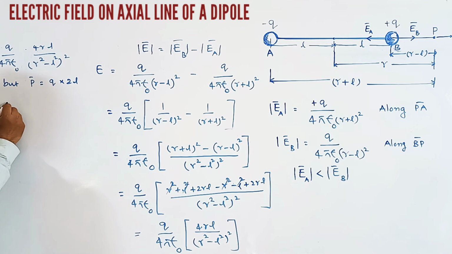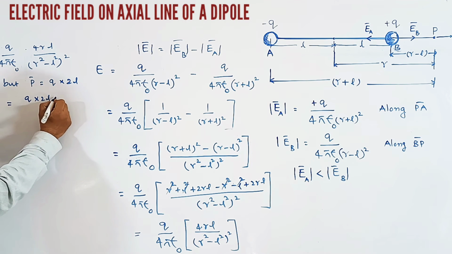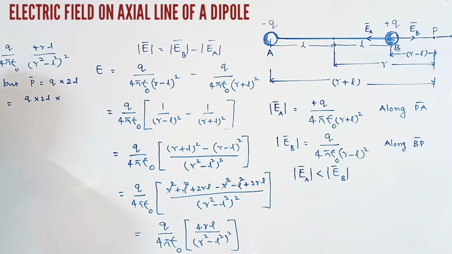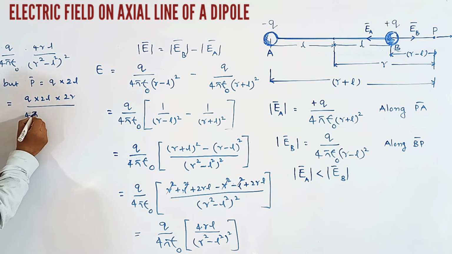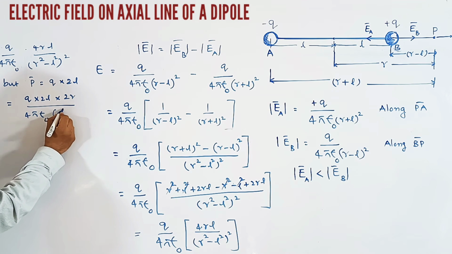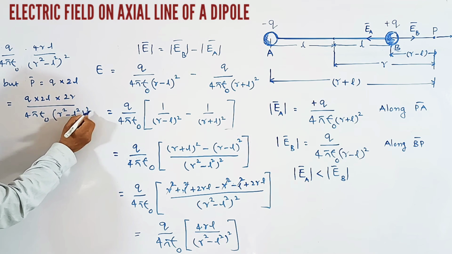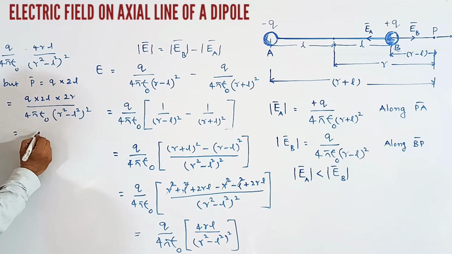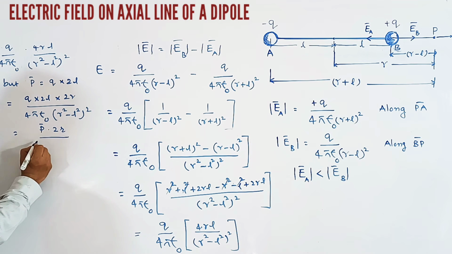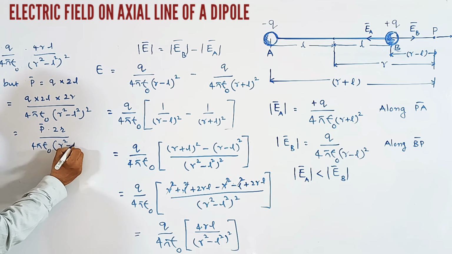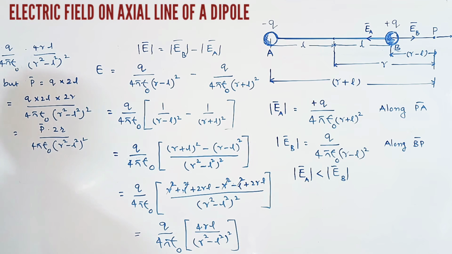That is, the equation can also be written as Q into 2L into 2R by 4 pi epsilon naught into R square minus L square whole square. Below that is P bar into 2R by 4 pi epsilon naught into R square minus L square whole square. It is the desired equation, students.